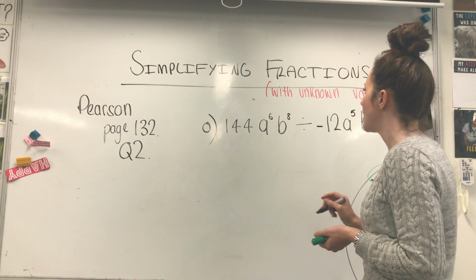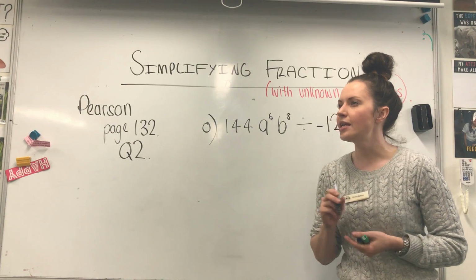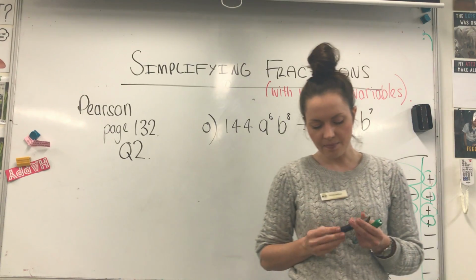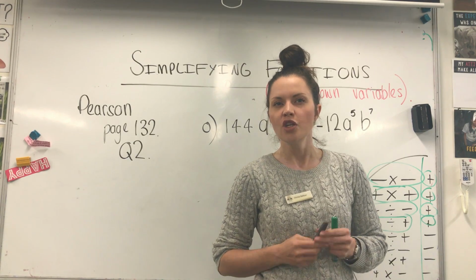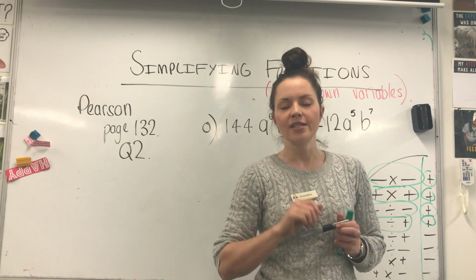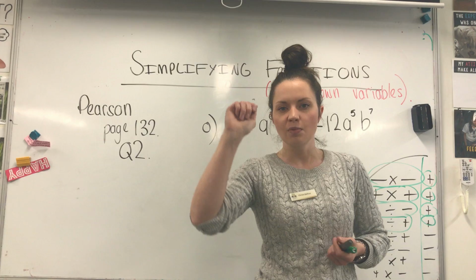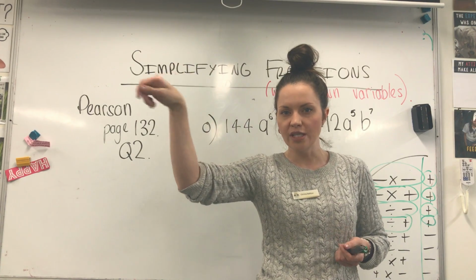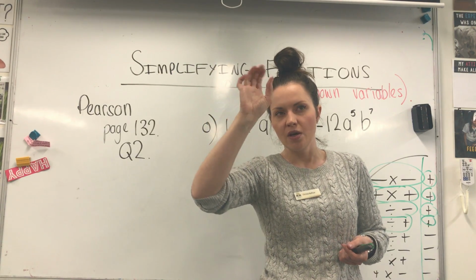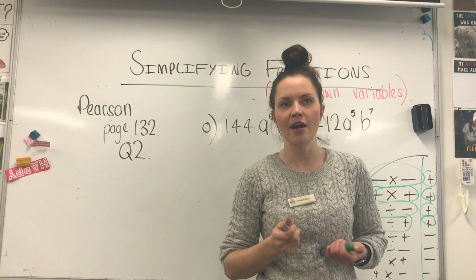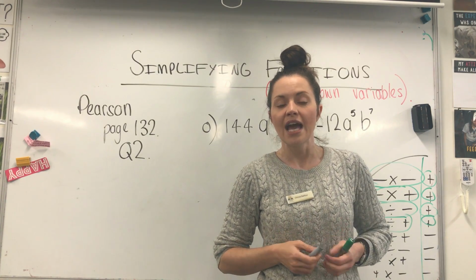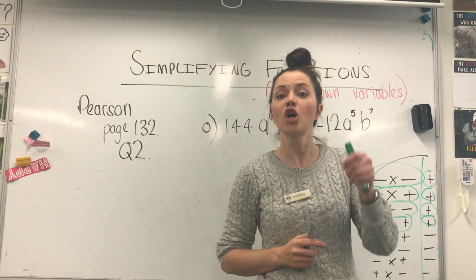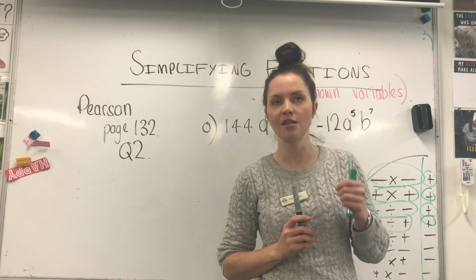Another thing I wanted to say as well, in all of the questions and all of the answers for question 1, you probably would have been using index law 1, and that's why I got you to times them all together. So remember on one line it might have said a to the power of 5, b to the power of 6, c to the power of 7, and I said, write a to the power of 5 times b to the power of 6 times c to the power of 7.